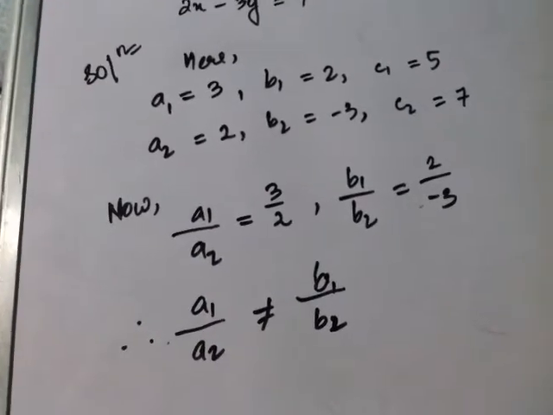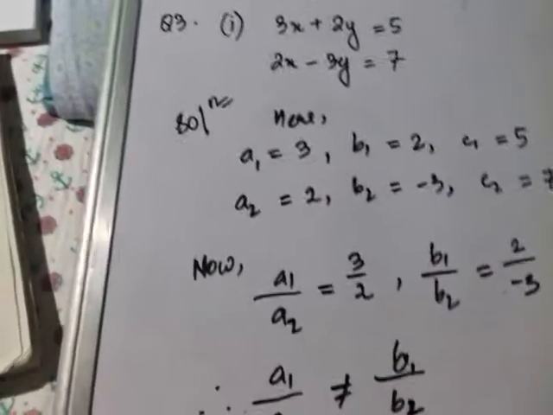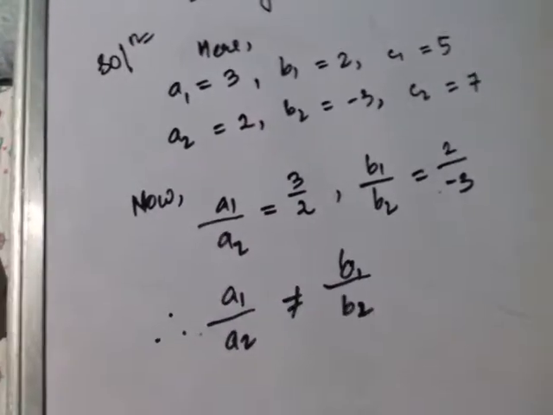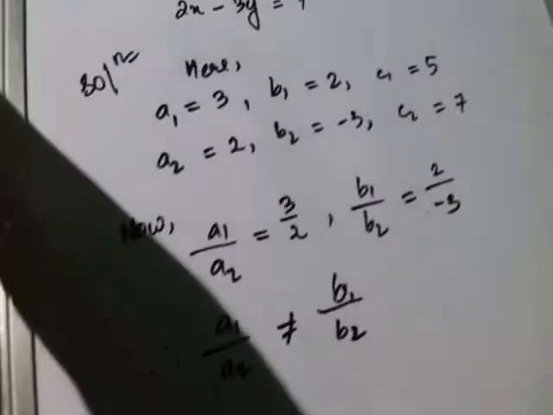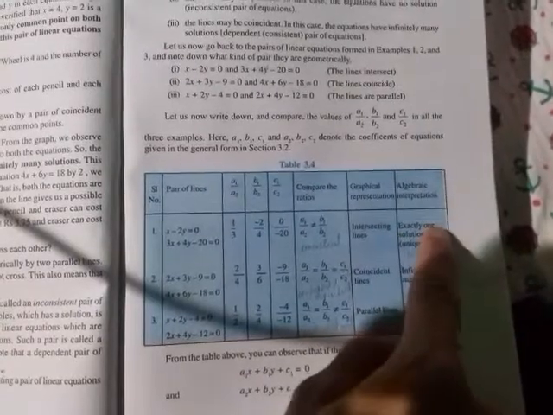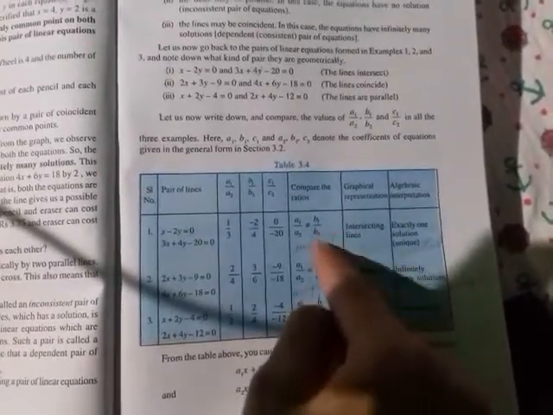In this book, if a1 by a2 is not equal to b1 by b2, they have written that it is intersecting lines and has only one solution, that means it will be consistent. So this solution is consistent.